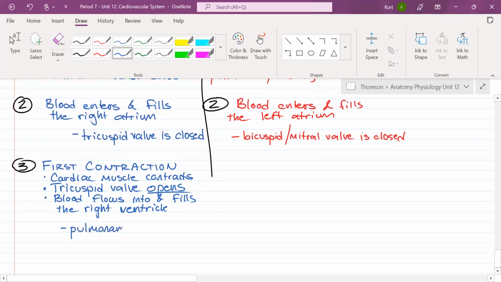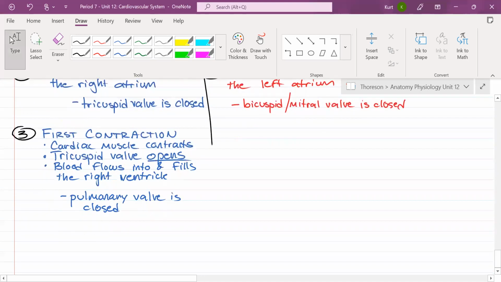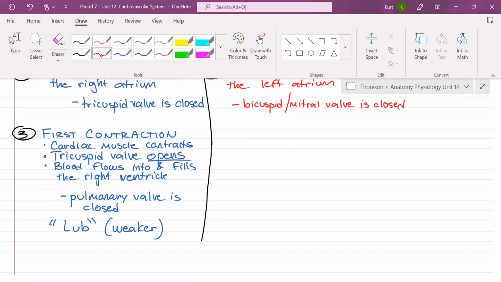The pulmonary valve is closed. This first contraction is the lub. Lub dub, lub dub, lub dub. This is the lub. It is the weaker of the two. Dub is stronger.